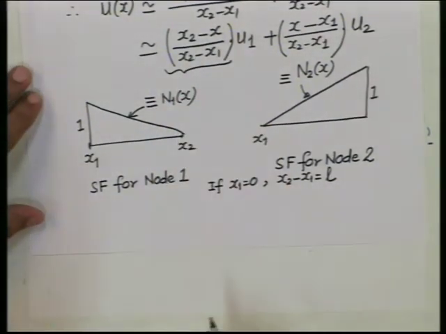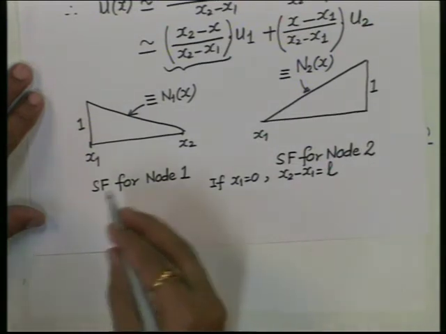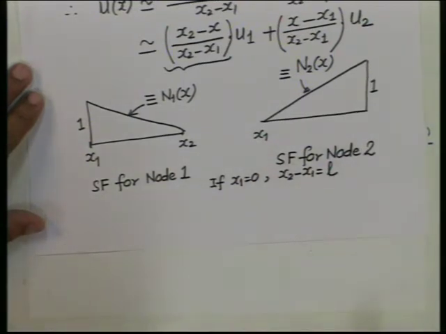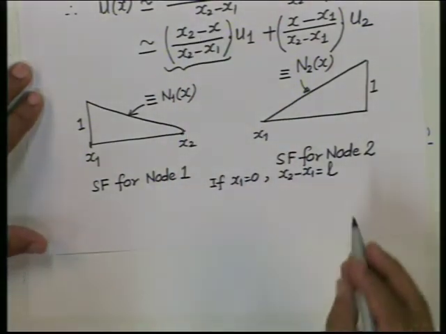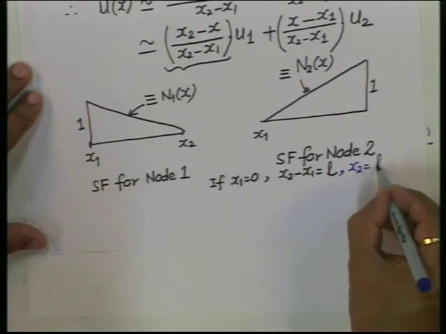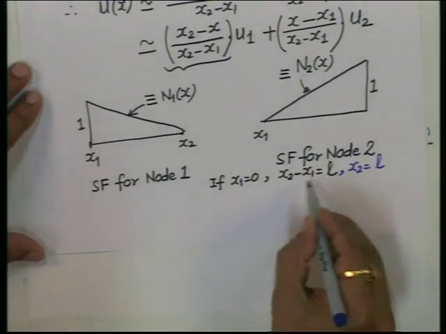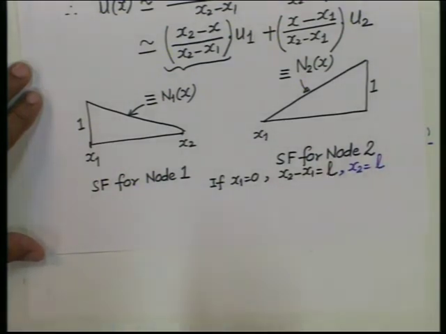Same expression: when x1 equals 0, the origin comes to this point itself, at the beginning of the element. If the origin coincides with x1, and the difference is L, then x2 will also be equal to L, because x1 is 0 and x2 minus x1 is L. So x2 is L.